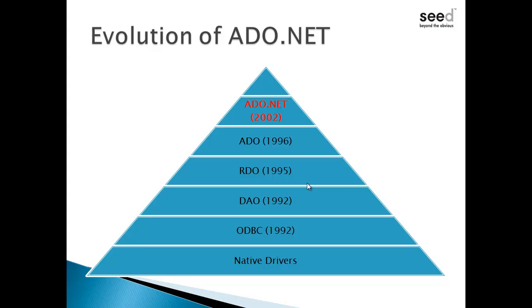Then in 2002, Microsoft released its first version of Microsoft .NET. Now as the architecture changed, we are moving from COM components to managed components, from COM components to .NET components. So obviously we need some approach, some library inside .NET, some managed library in .NET, to access databases. Now we can't rely on ADO because ADO is designed specially for COM components.